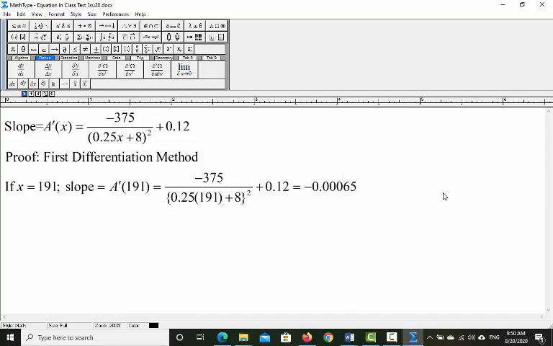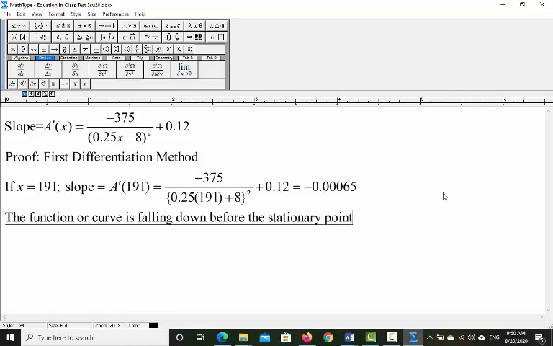So we can write the comment: the function or curve is falling down before the stationary point.